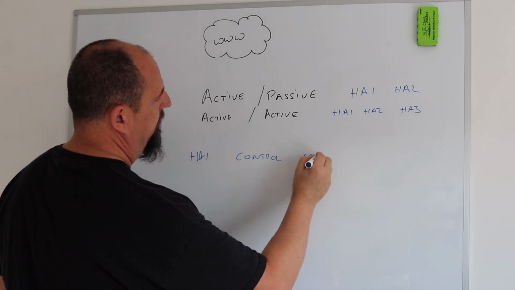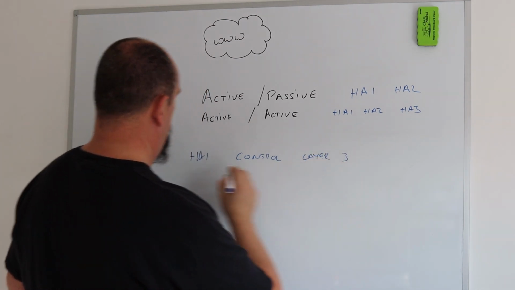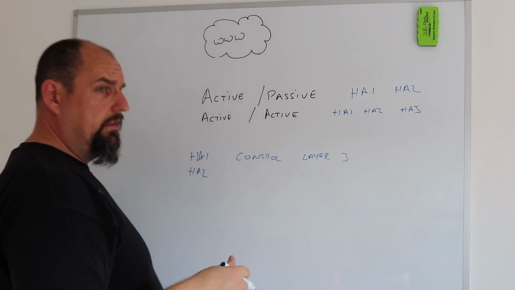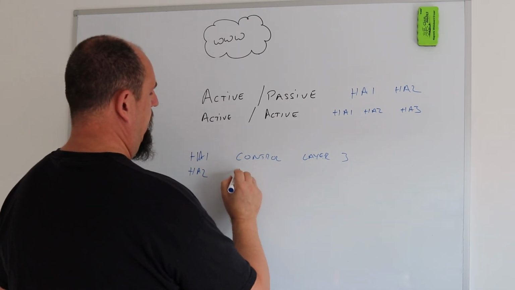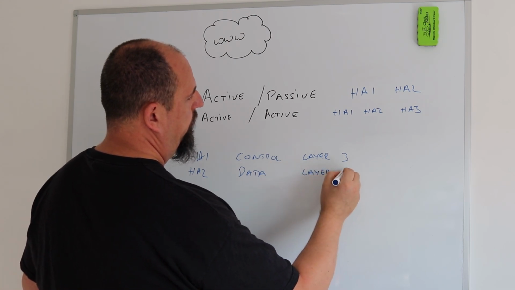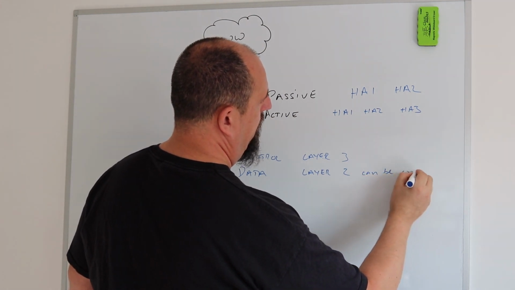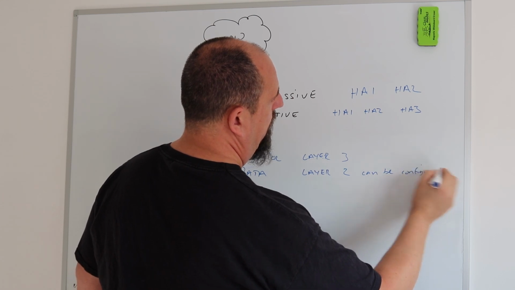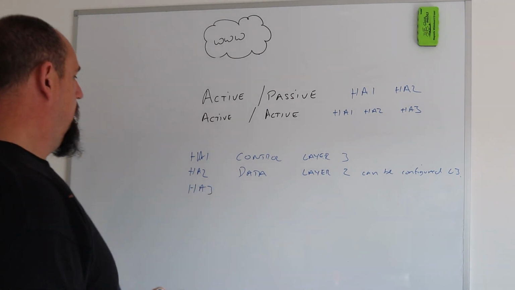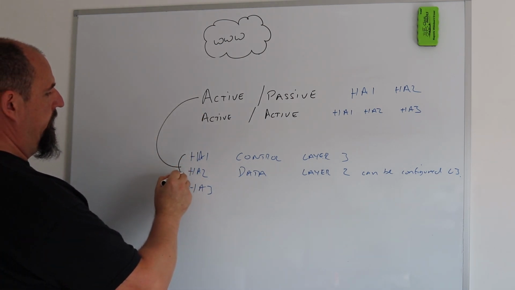and that is layer 3, layer 3. HA2 is our data link, session link, and that is layer 2, but can be configured layer 3, and then HA3 is for, because these, if you remember, are for active passive.